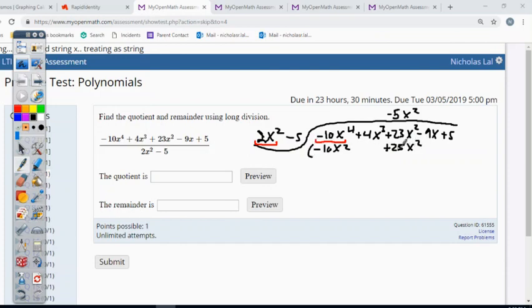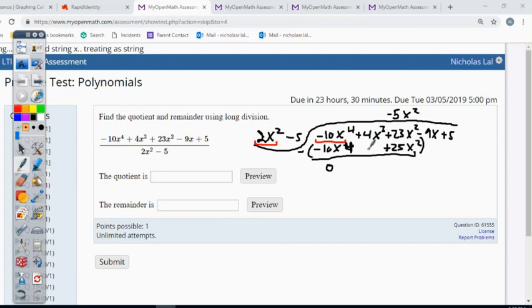I subtract: negative 10x to the fourth minus negative 10x to the fourth. Two negatives make a positive, so that's negative 10x to the fourth plus 10x to the fourth. That's going to be 0.